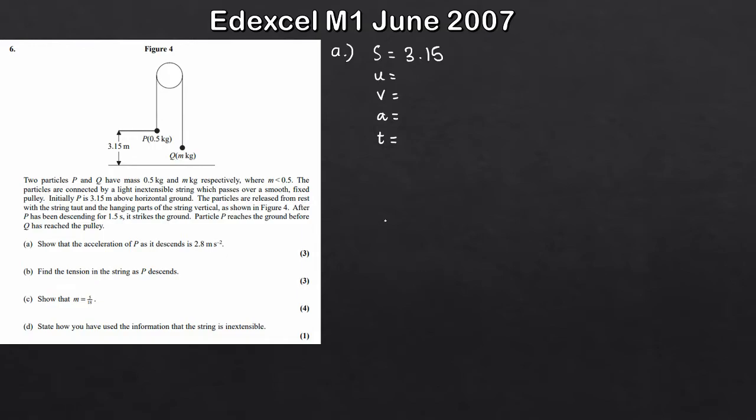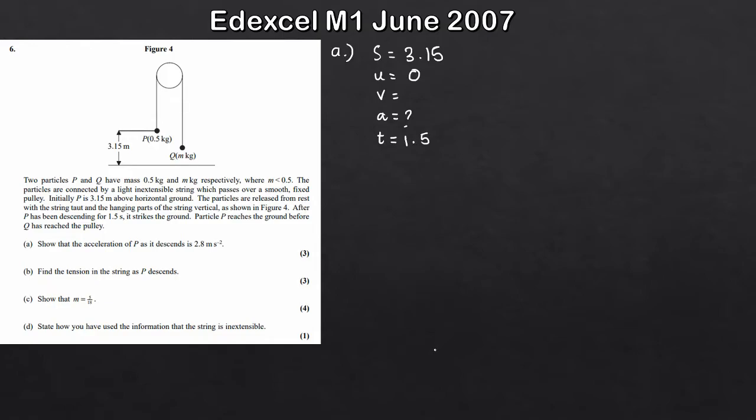We know u, it starts at rest, so the initial speed is 0. We don't have anything for v. a is what we want to work out. We want to show the acceleration of P is 2.8, so we write that down as what we want to find out. And we know the time. We're told that in the question. It says it's been descending for 1.5 seconds, so that's 1.5 there.